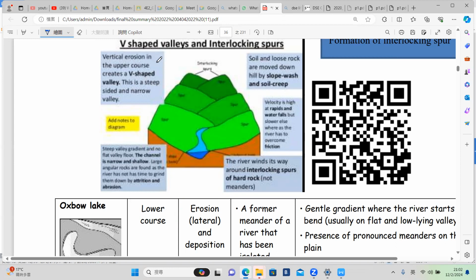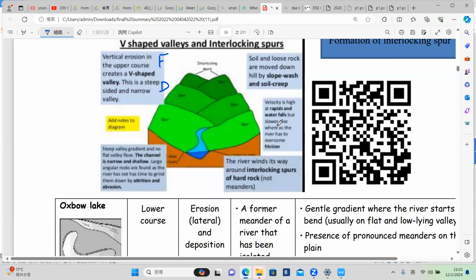Vertical erosion takes place and creates a deep valley, a V-shaped valley. This is a steep-sided and narrow valley. For this V-shaped valley, I don't think it is really going to be tested alone; at least it has to develop into the interlocking spur.